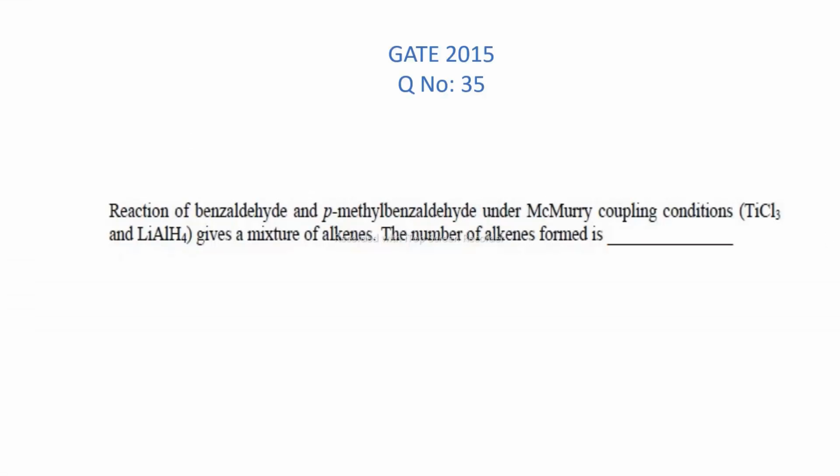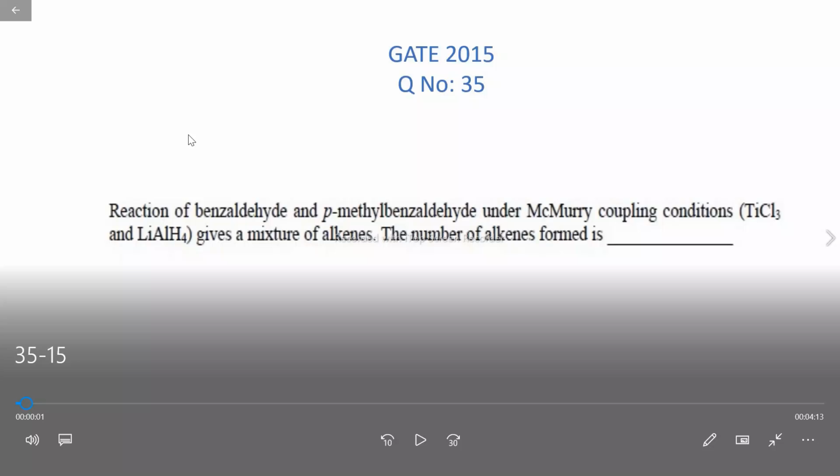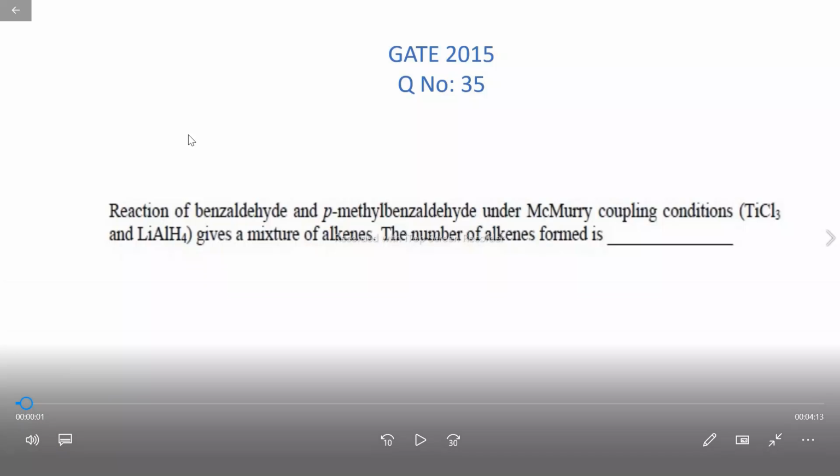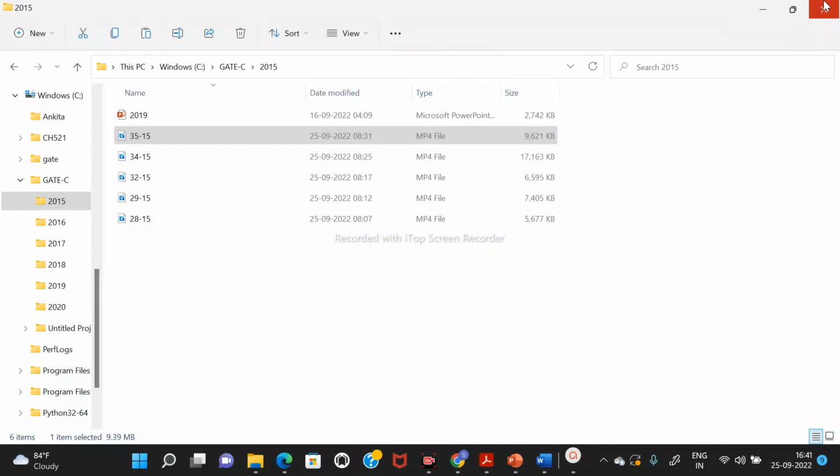Hi everyone. Now, is there any query or any difficulty regarding this question? If not, then tell me how many products are possible in this possibility.